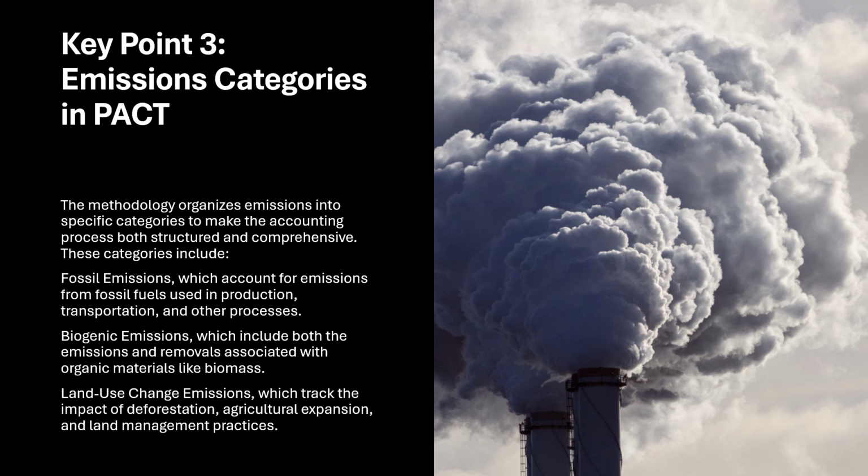These categories include fossil emissions, which account for emissions from fossil fuels used in production, transportation, and other processes; biogenic emissions, which include both the emissions and removals associated with organic materials like biomass; land use change emissions, which track the impact of deforestation, agricultural expansion, and land use practices.